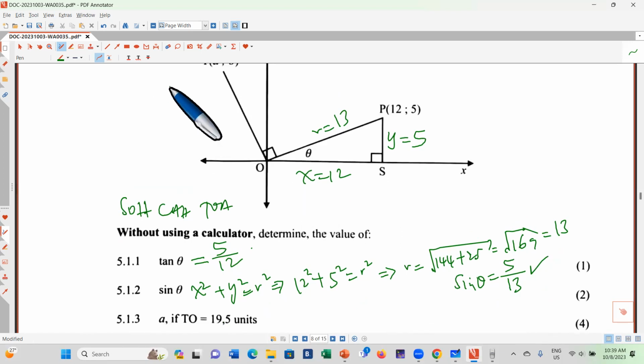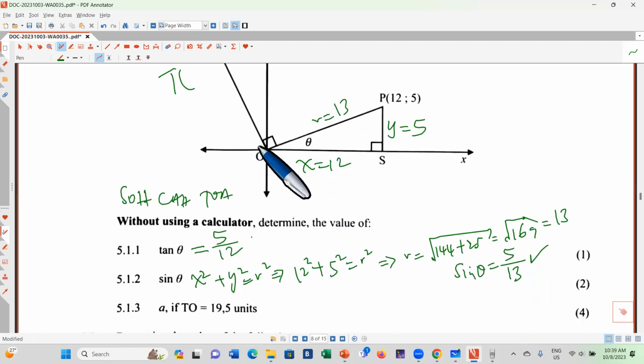This is T, and T has the coordinates A and B. So now if T is this one, they're saying determine A if TO is 19.5 units. The marks are 4. I'm giving you like 2 minutes.